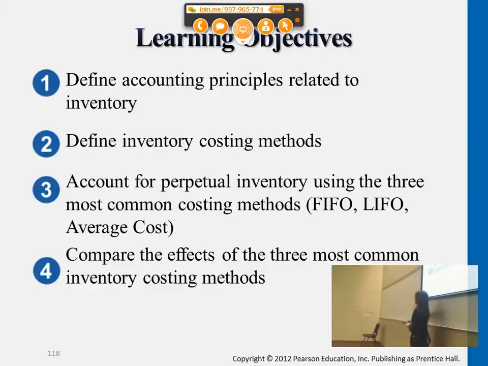So for customer A, I may be assigning 50 cents for the Coke. Customer B, if they're purchasing after I sold out the 1,000 batch, then for the 1,001st customer, I'll be assigning 51 cents to that bottle if I'm using first in, first out. As opposed to that, with last in, first out, I'll be using 52 cents for the first 1,000 bottles, and then for the 1,001st customer, I'll be using 51 cents for that bottle.